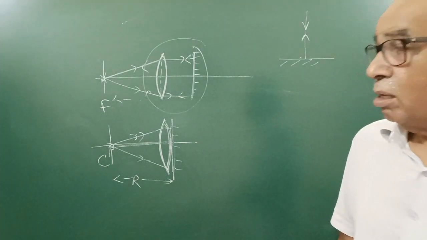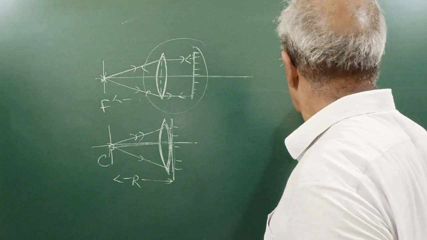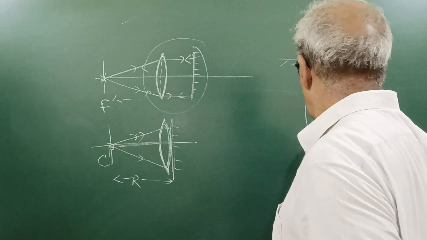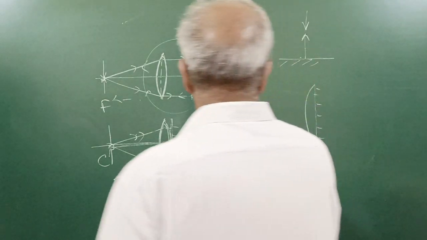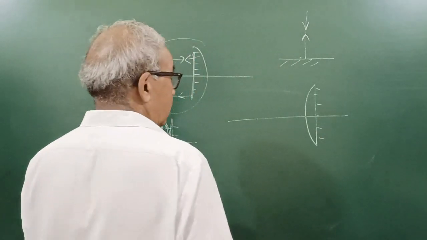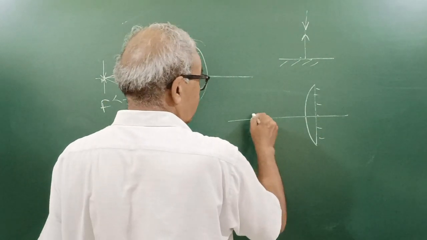Keep in mind, there comes a question that there is a plane mirror, and if we silver it here, plano concave, we get image at suppose here at 14 centimeter.